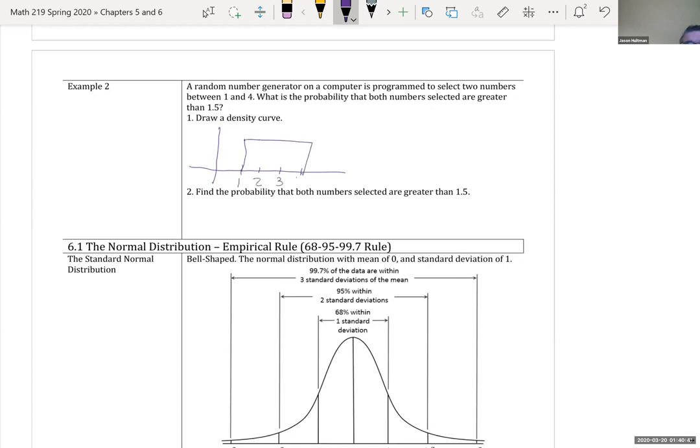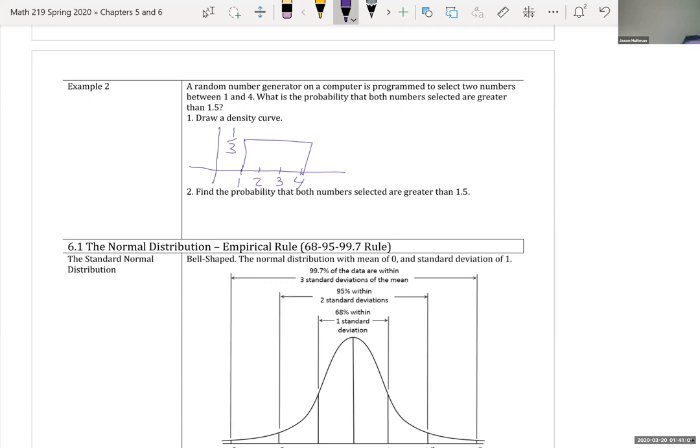What's the height of the rectangle? Yep, if you said 1/3, you're right. 4 minus 1 is 3. 1 over 3 is 1/3. So this is my density curve.